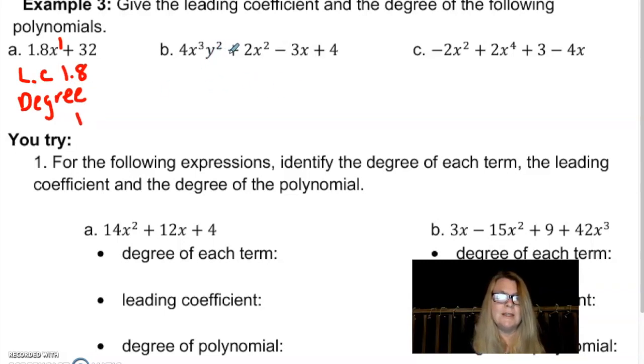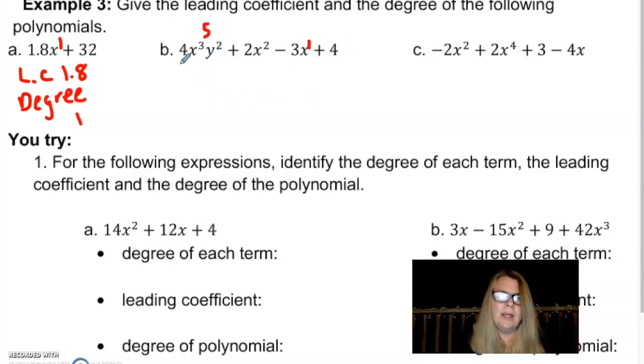Over here, we're going to make sure it's in standard form. So this has 4x to the third y squared plus 2x squared minus 3x plus 4. So let's talk about what the degrees are. Here, when you put those together, that gives you 5. That's the degree of 2, that's the degree of 1, and that has a degree of 0.